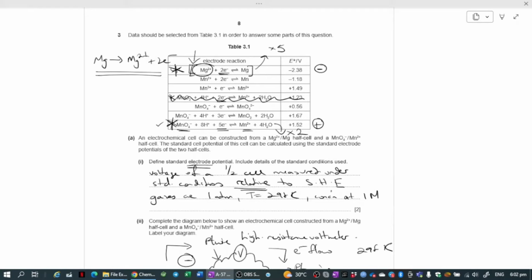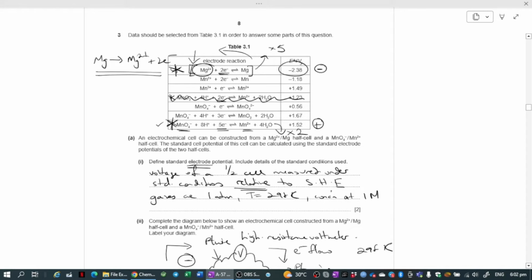It means, therefore, that the position of equilibrium will shift to the left by Le Chatelier's principle. If we reduce the concentration of Mg2+, the system will behave to produce more Mg2+. So the position of equilibrium shifts to the left. The shifting of this equilibrium to the left makes this electrode potential more negative.